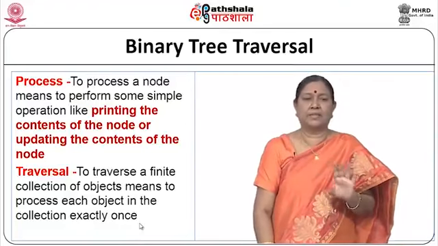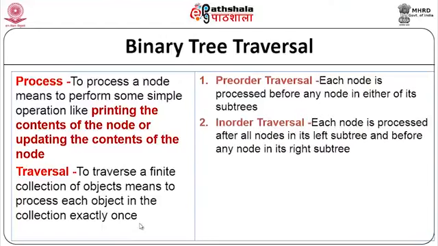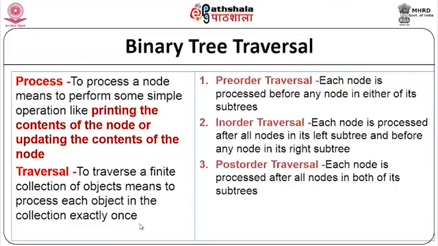In pre-order traversal, each node is processed before any node in either of its subtrees. In order, each node is processed after all the nodes in the left subtree are processed and before the right subtree is processed. Please note the definition is different because we are talking about left and right subtrees. In post order, each node is processed after all the nodes of all its children subtrees are processed.